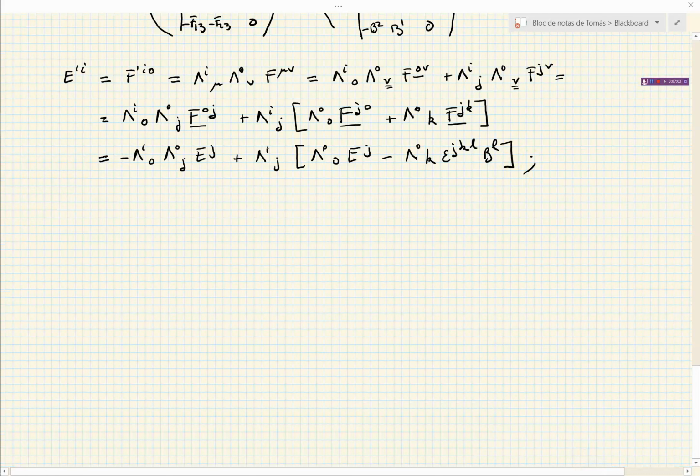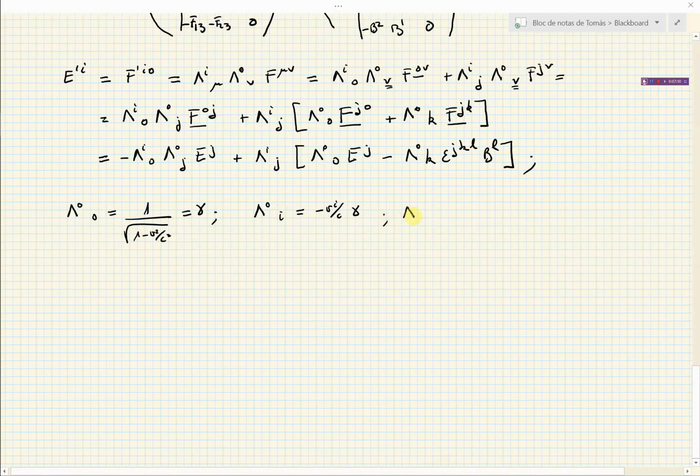The second part is to use the components of the Lorentz boosts, and we know that these components are, because we have found them before, this lambda 0 0 is 1 over the square root of 1 minus v squared divided by c squared, which we are going to call gamma, which is the traditional name, just because it is shorter, and we don't have to write so many things. Then lambda 0 i is given by minus v i divided by c times gamma.